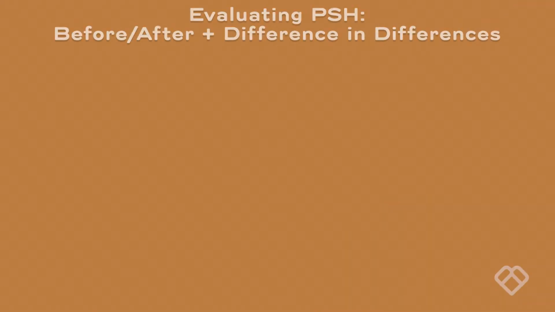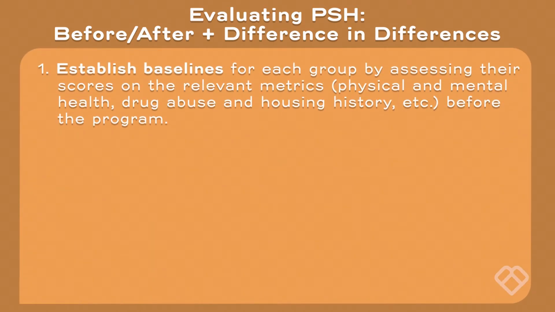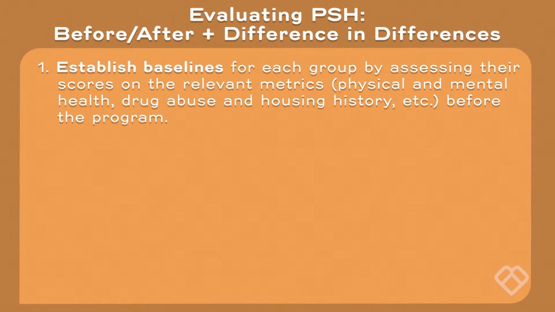Let me talk about another technique that may improve our evaluation. This is called difference in differences, and it's a little bit complicated. Once again, we have our treatment group and our comparison group. We establish baselines for each group by assessing their scores on relevant metrics, say physical and mental health, drug abuse, their housing history, before the program began.